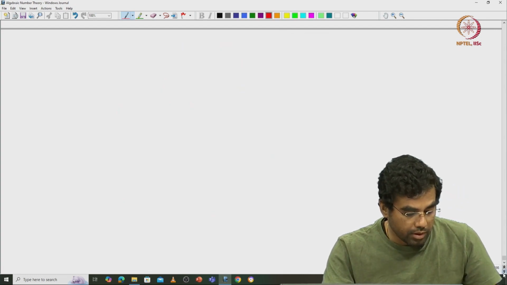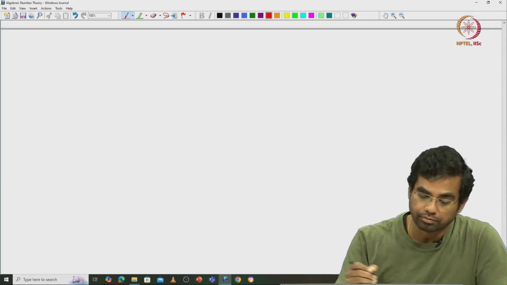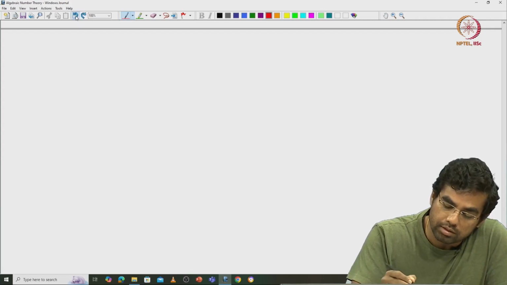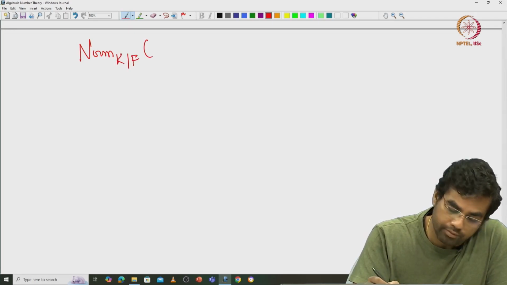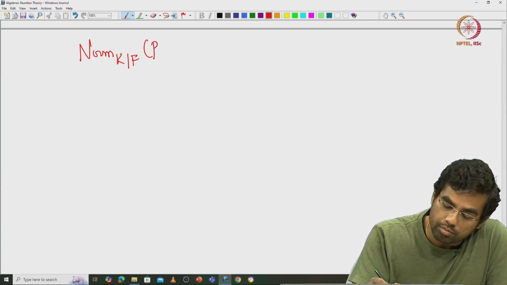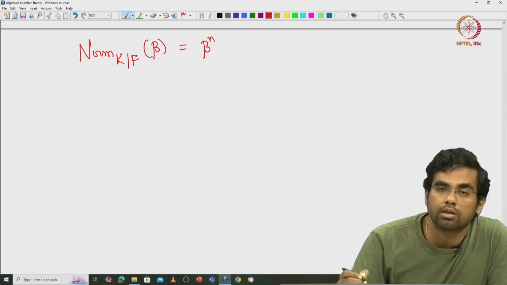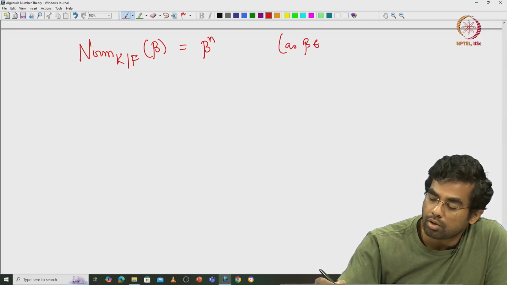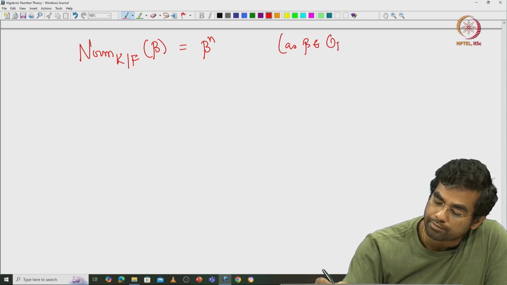All right. Now, if I take beta, well, let me write it slightly differently. If I take the norm from K to F of beta, this will be equal to beta to the n, as beta belongs to OF.